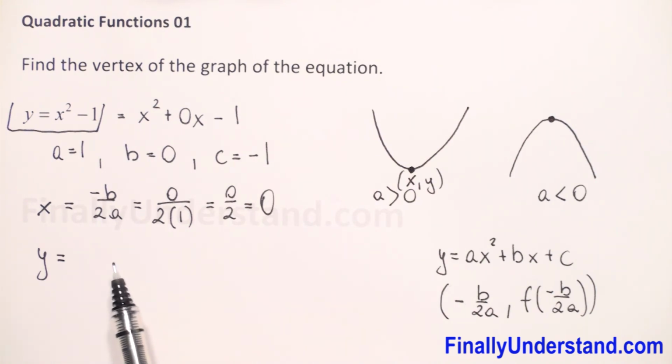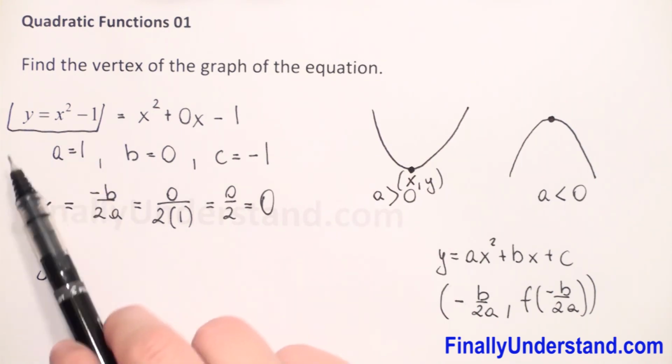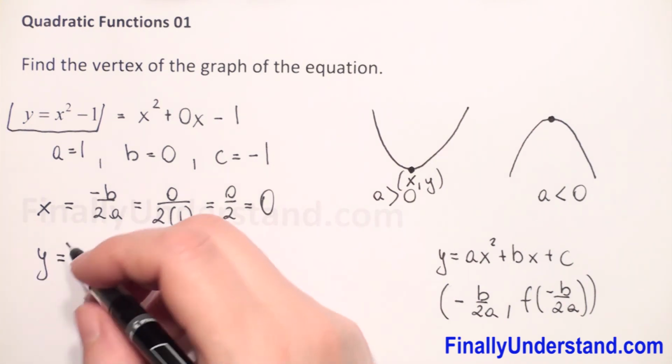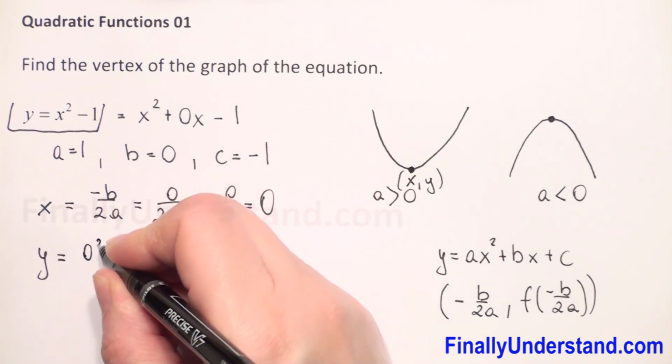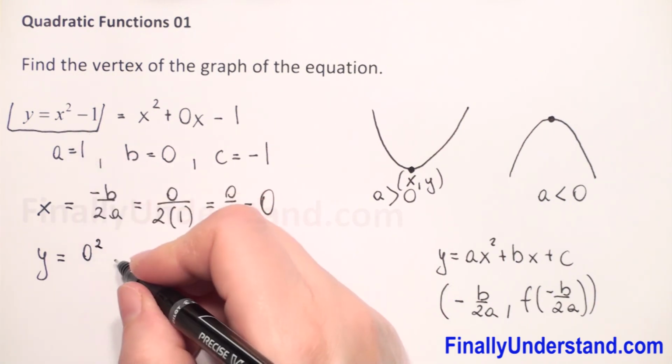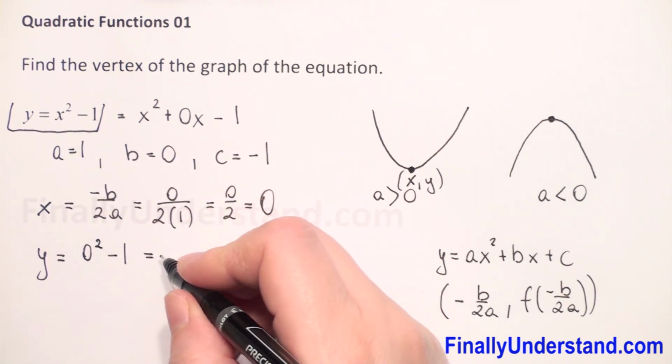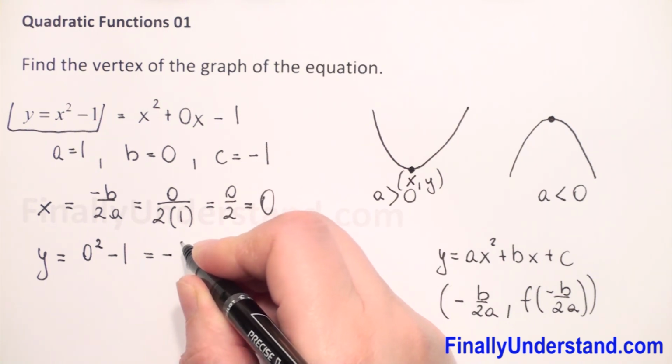Now we need to substitute every x in our formula by 0. So we will have 0 to the second power minus 1. So this is equal to 0 to the second power, which is 0, minus 1, which is negative 1.